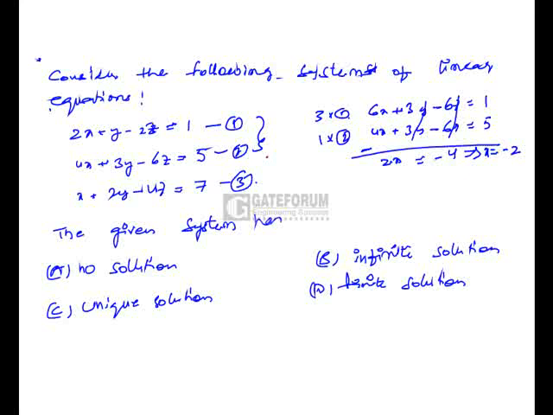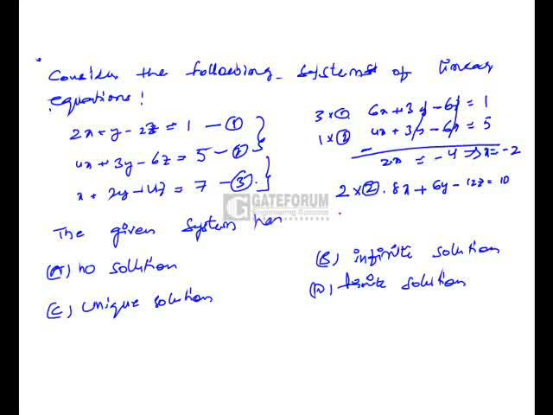Now let us simplify 2 and 3. Let us multiply the second equation by 2, and we get 8x plus 6y minus 12z is equal to 10.